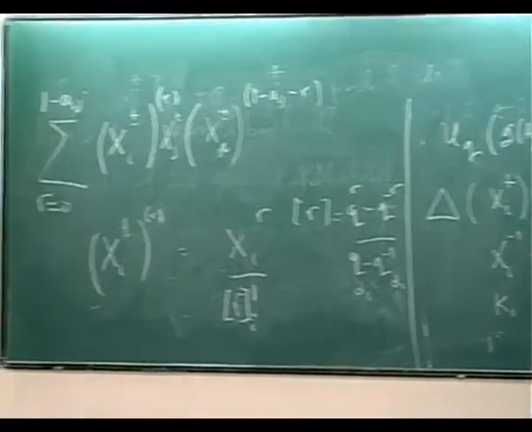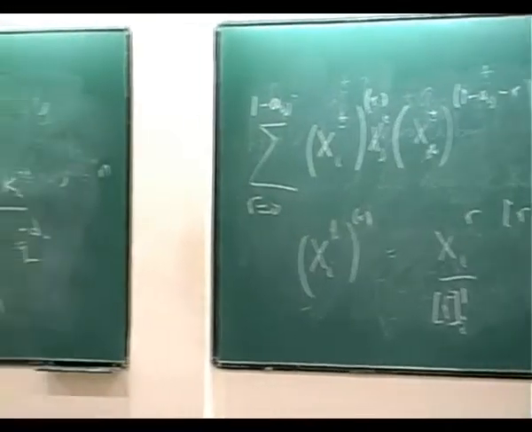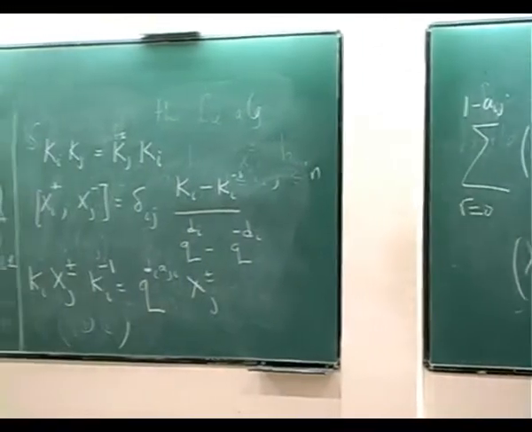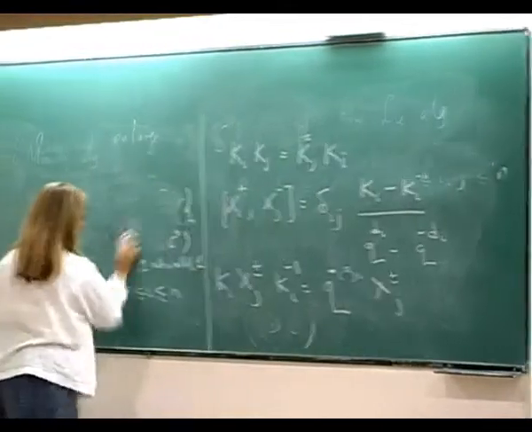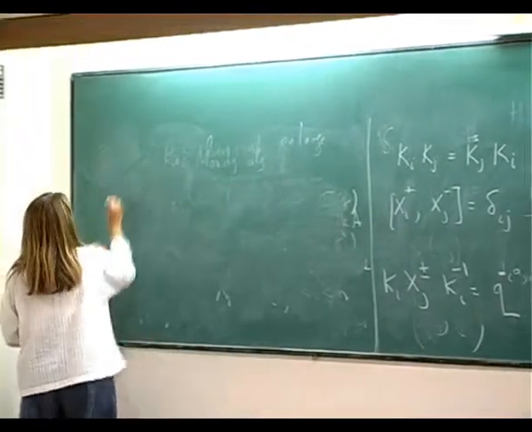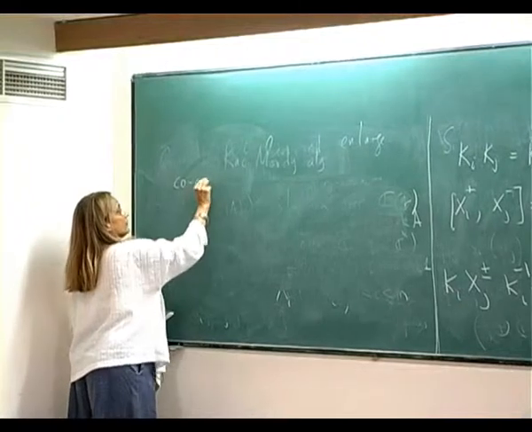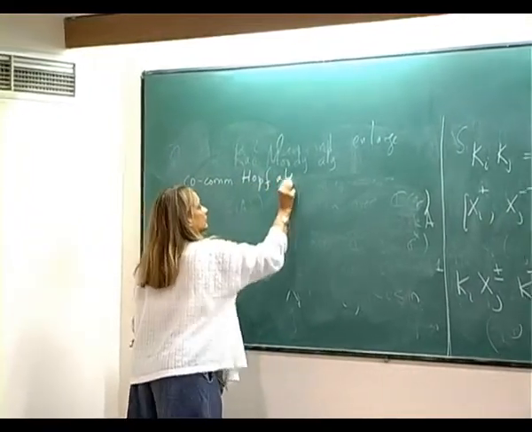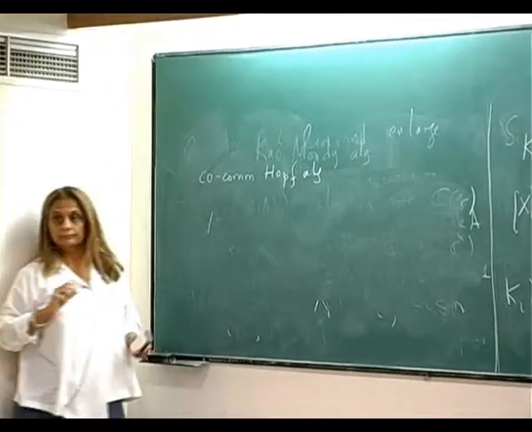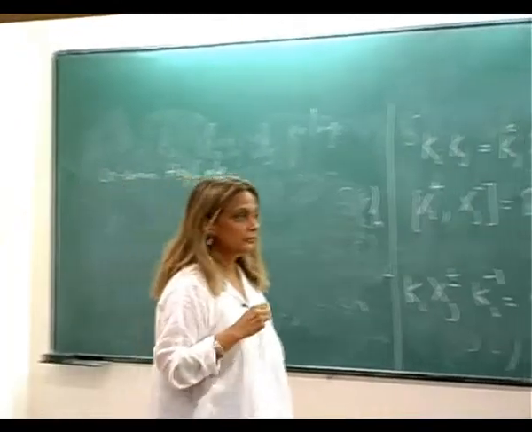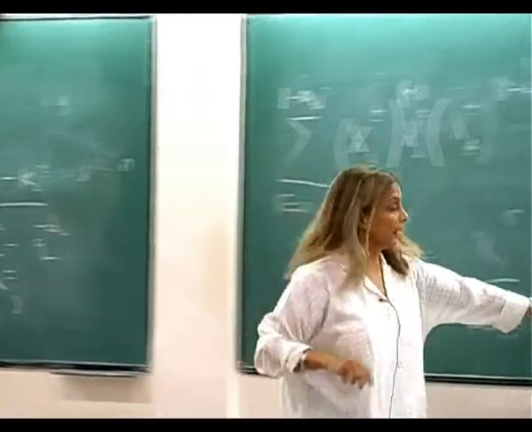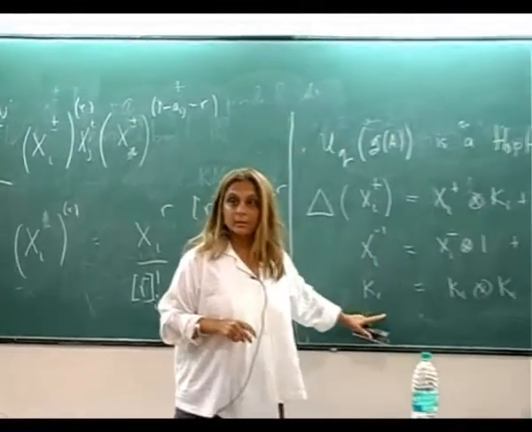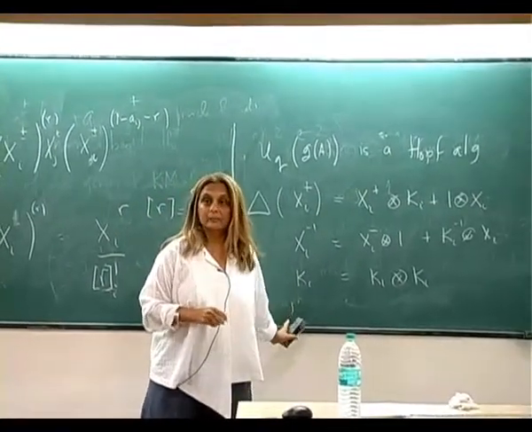So suppose you have ki tensor 1 plus 1 tensor ki. No, that's the whole point. It's group-like, because ki is invertible.